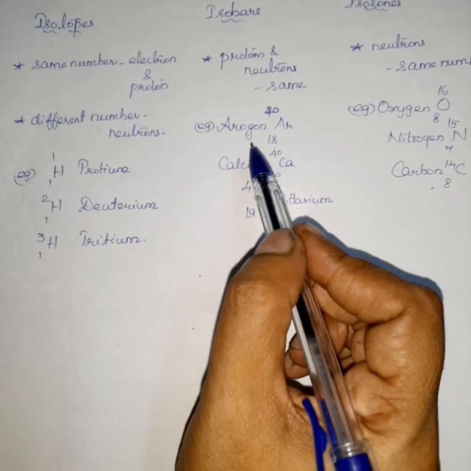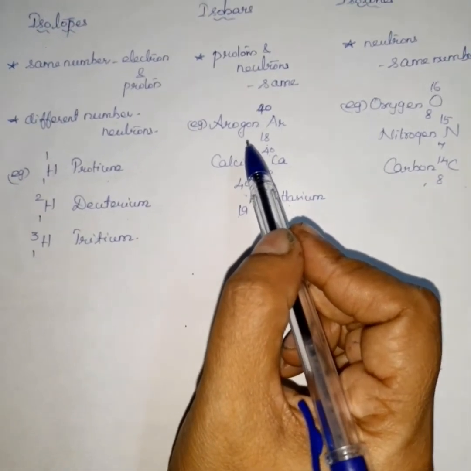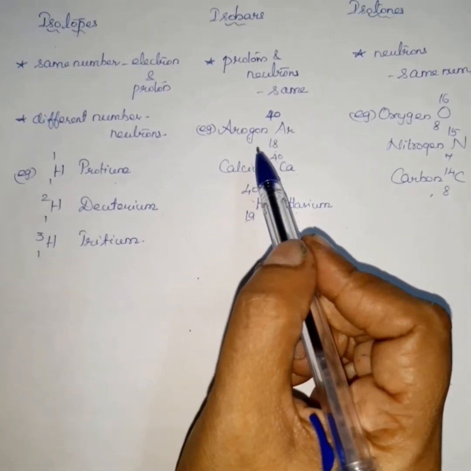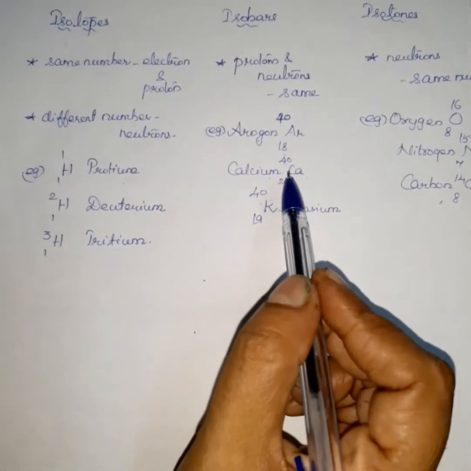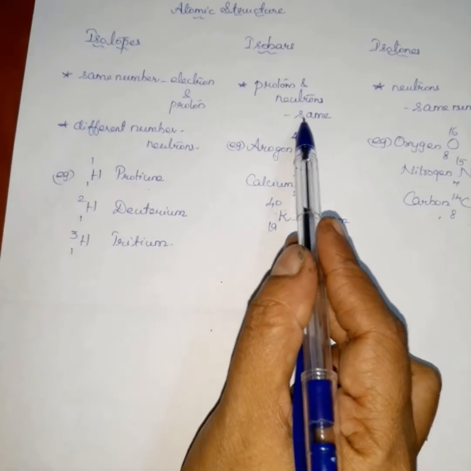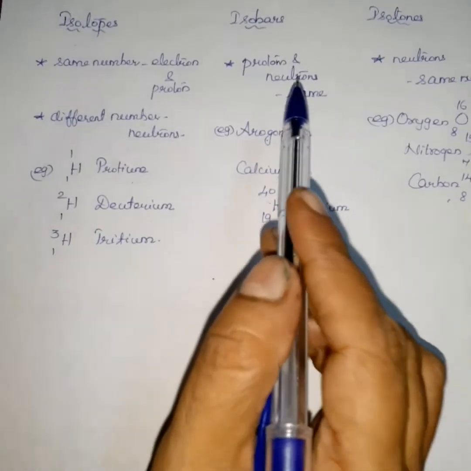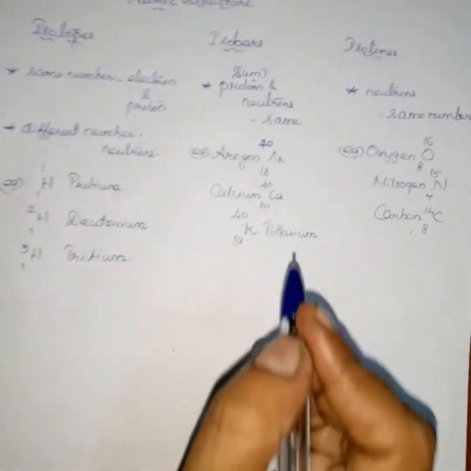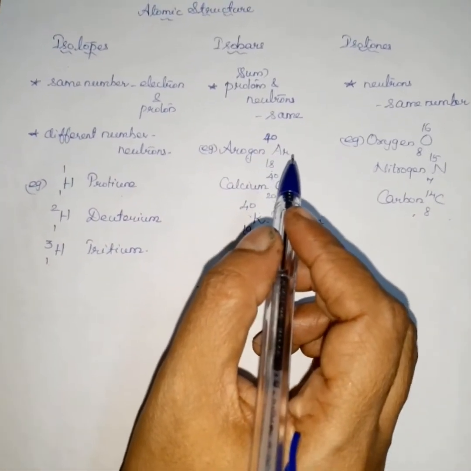What are isotopes? Isotopes are atoms of the same element which have the same atomic number but different mass number. So what do you understand now? The sum of protons and neutrons in the nucleus of each atom is the same.